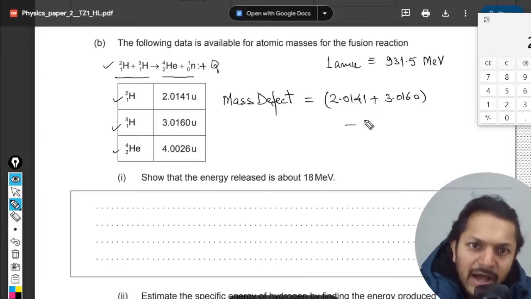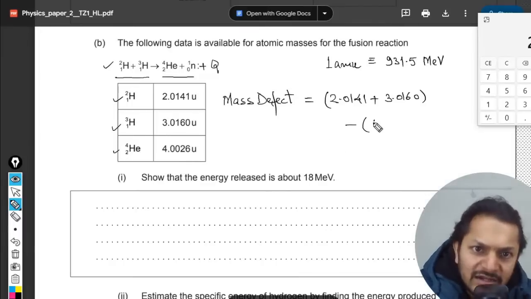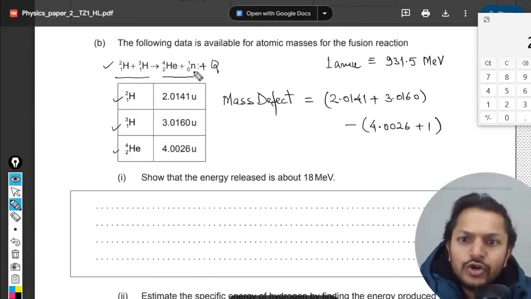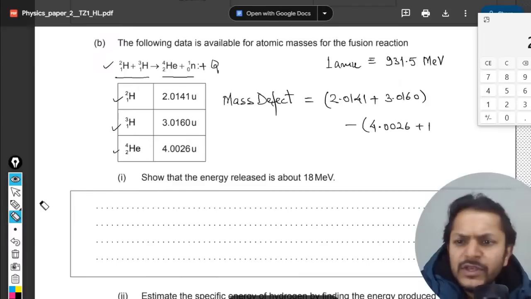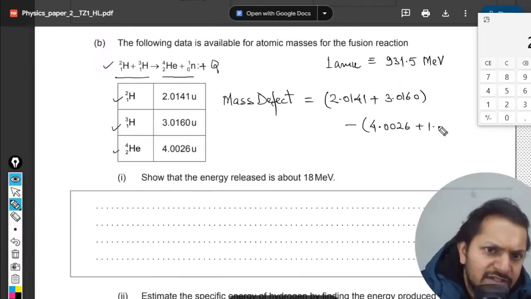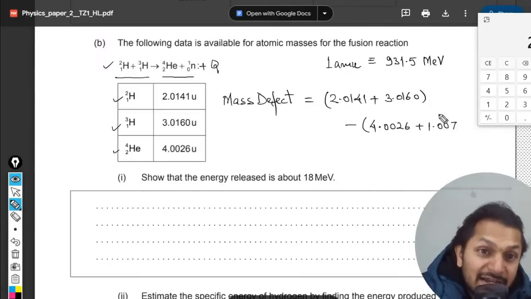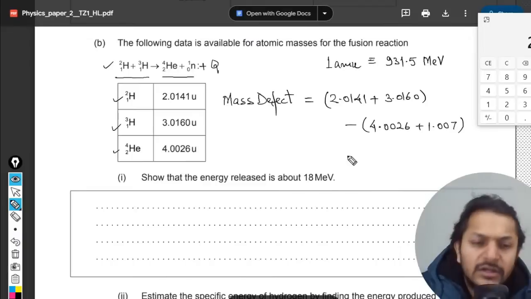This minus the total mass which is present on the product side. So that will be 4.0026, but there will be 1 also, because neutron, we can assume it to be 1, but it is not 1 actually. The mass of neutron is 1.00, I don't remember exactly, but because there are only 4 decimals, you can just assume it 1.007.